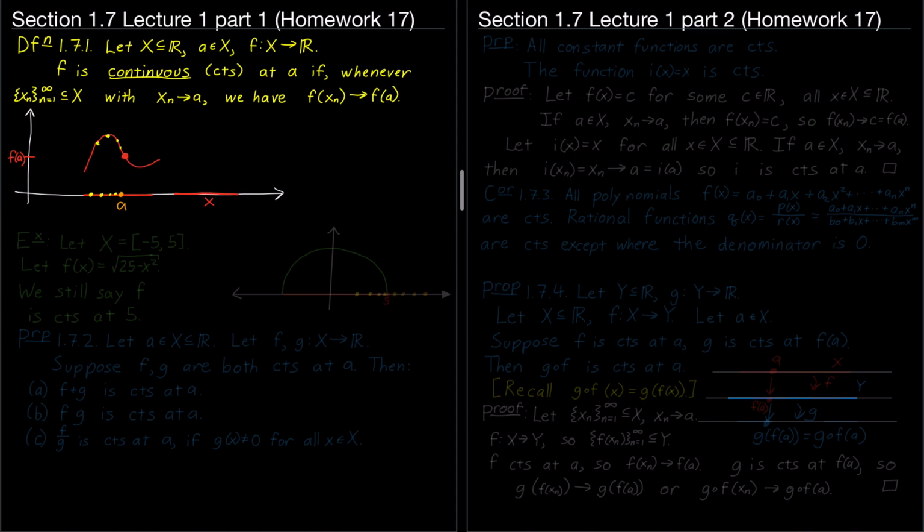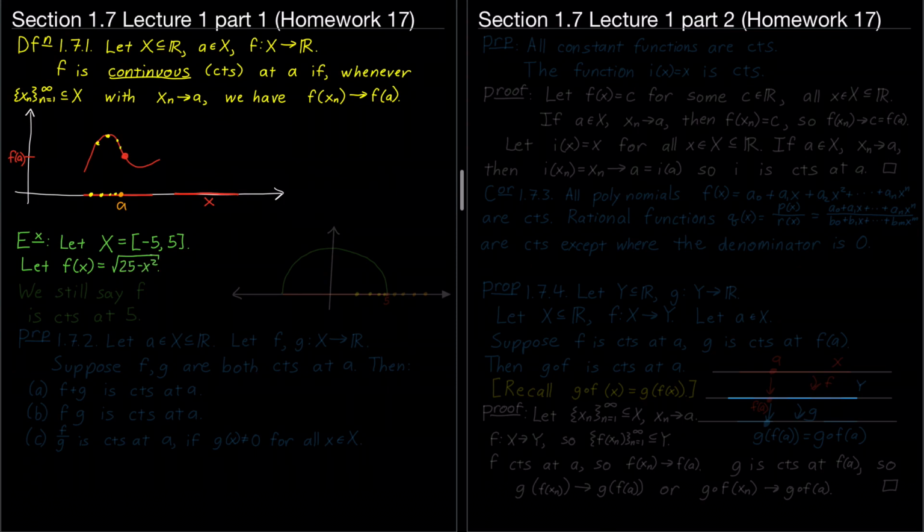And I want to emphasize one thing that's maybe not quite what you're used to. Let's let our X be this closed interval from, let's say, -5 to 5. And let's let f of x be the square root of 25 minus x squared.